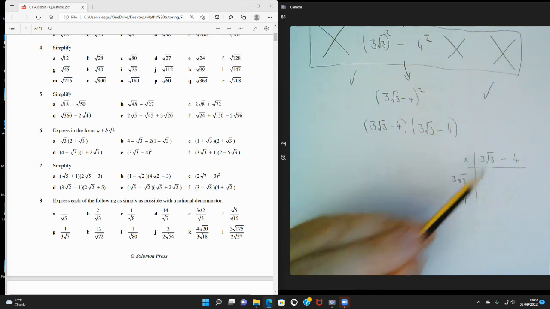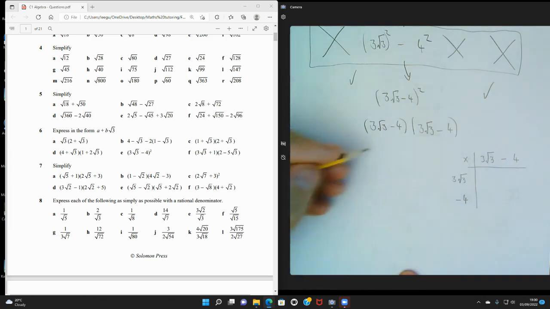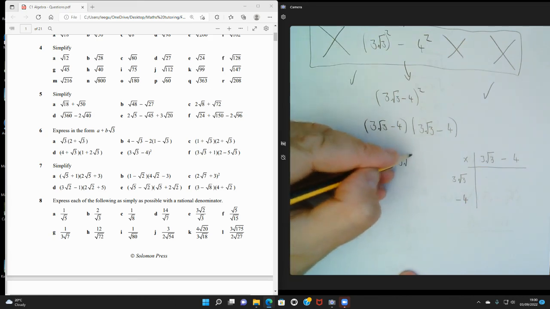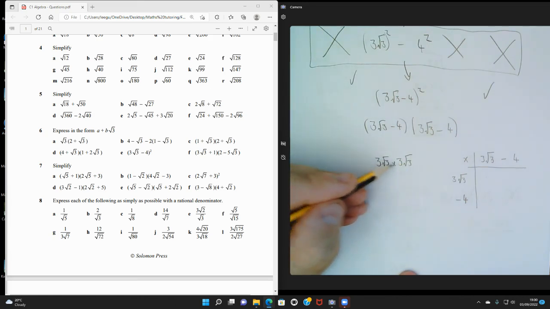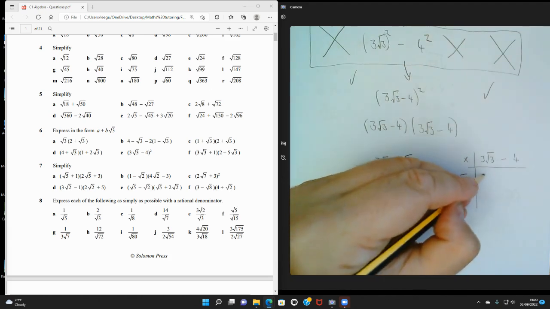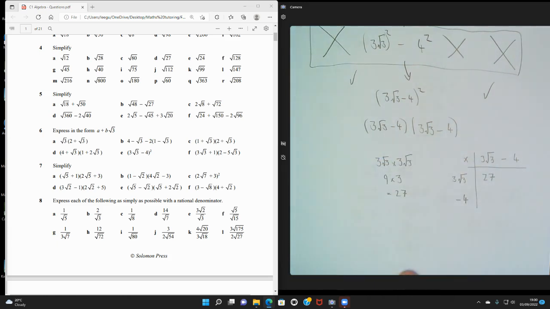So 3 times 3 is 9. So if I write here what this whole thing is, that is 3 root 3 times by 3 root 3. Now 3 times 3 is 9, and root 3 times root 3 is 3, and 3 times 9 is 27. So that comes to 27 there.